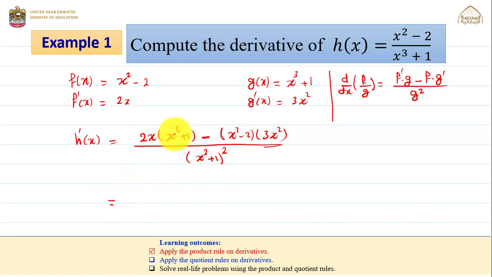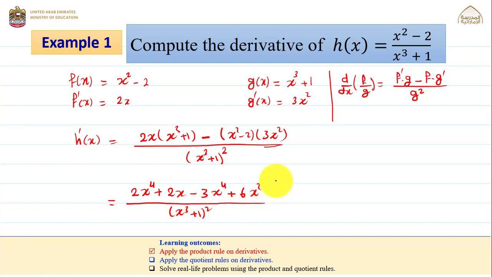2x times x to the power 3 equals 2x to the power 4, plus 2x times 1 equals 2x, minus 3x to the power 4, negative with negative equals positive, 3 times 2 equals 6x to the power 2, over x to the power 3 plus 1 to the power 2.